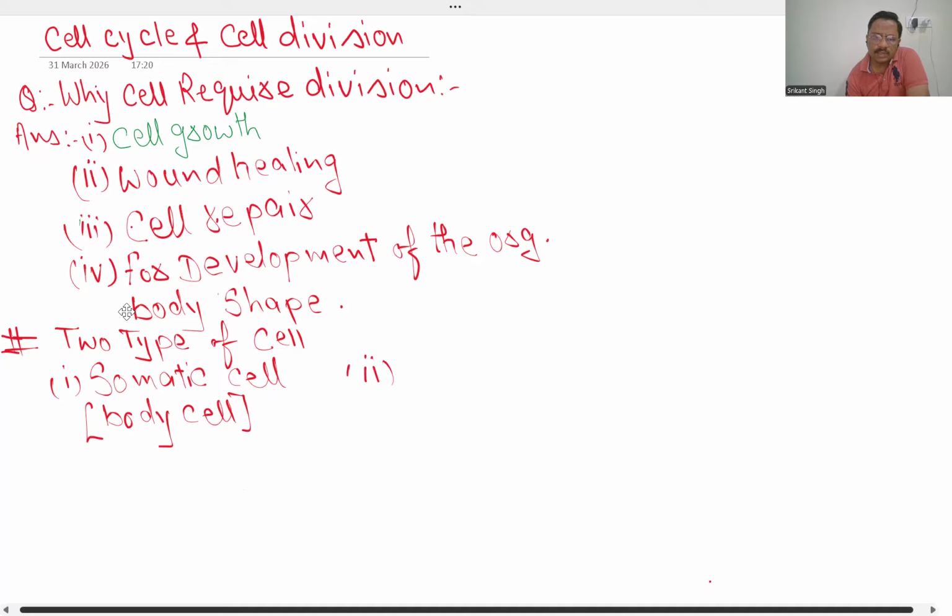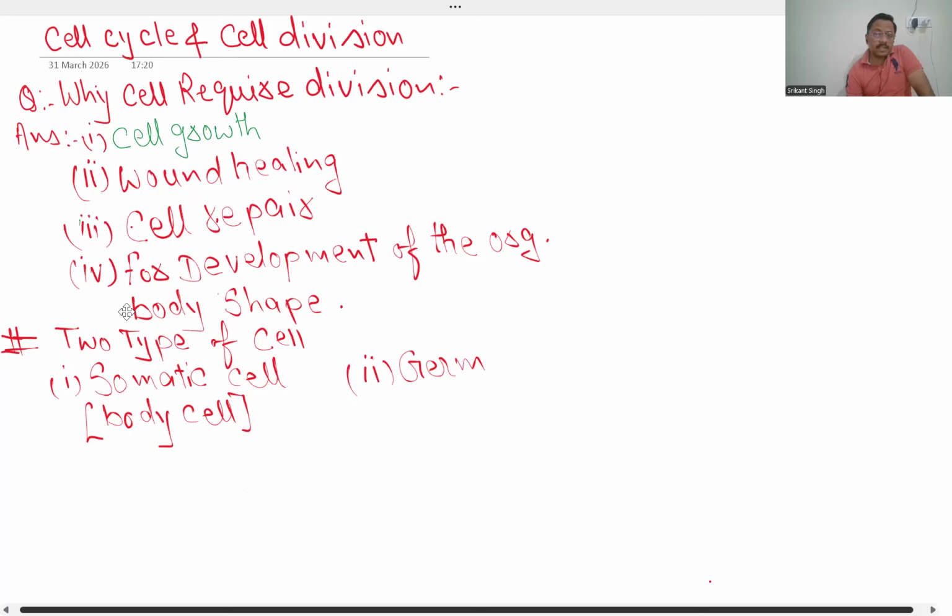Second is germ cells. Germ cells are always present in the gonads, like in the gametes, and they are responsible for carrying genetic information from one generation to another. Suppose a person has a gym personality, it doesn't mean that his son also has a gym personality. Why? Because it is a somatic cell.